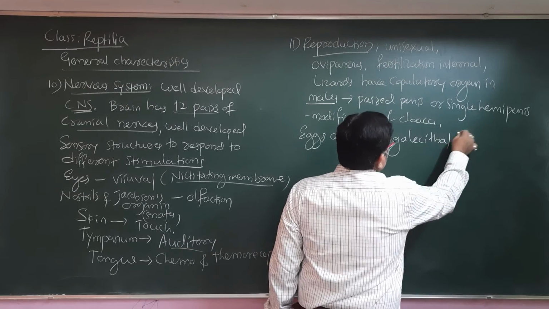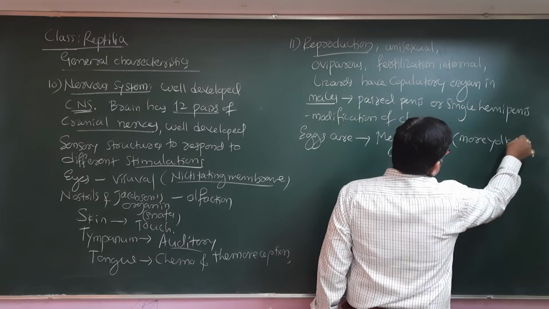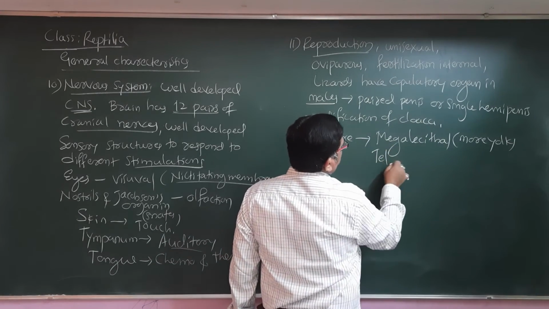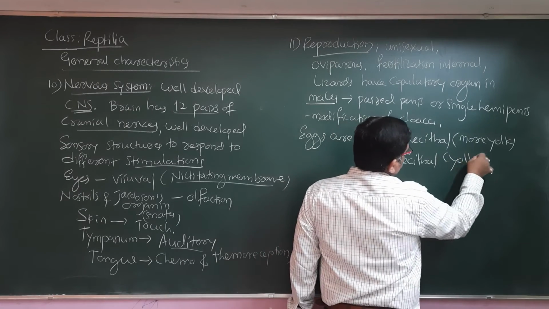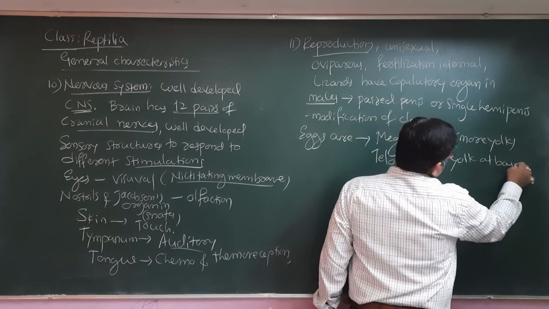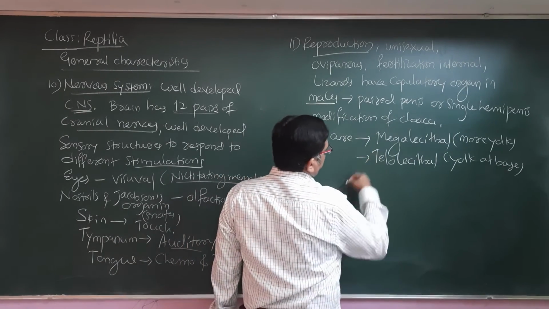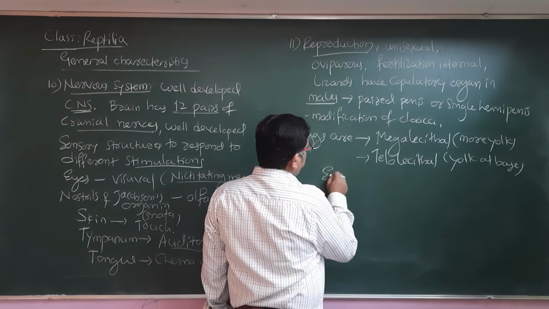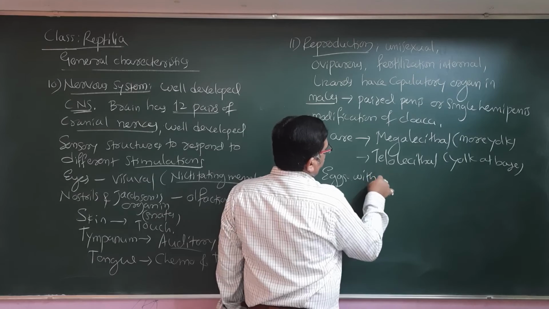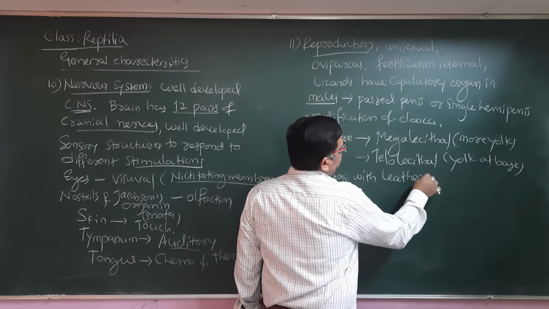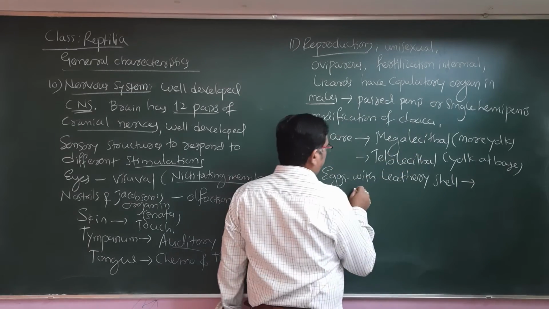They are also telolecithal, with yolk at the base. And the eggs have a leathery shell. This kind of egg is called a cleidoic egg.